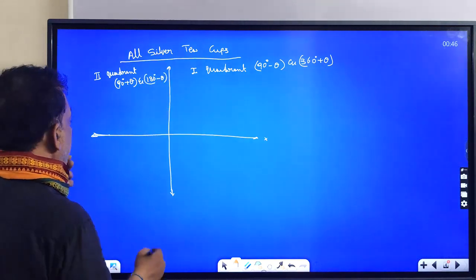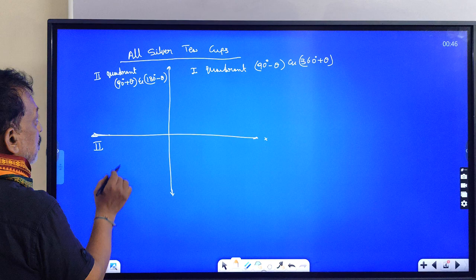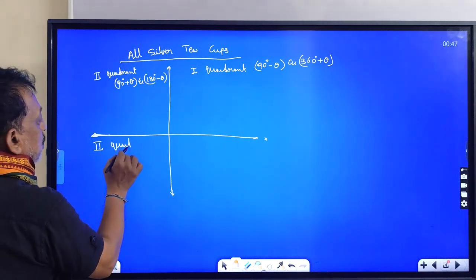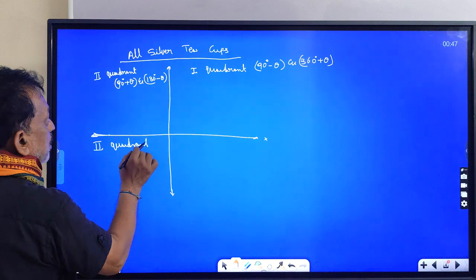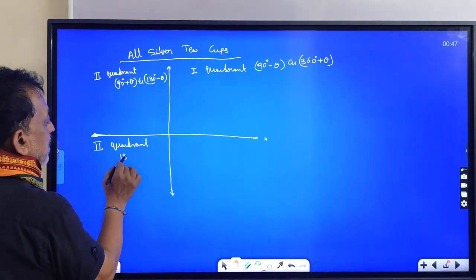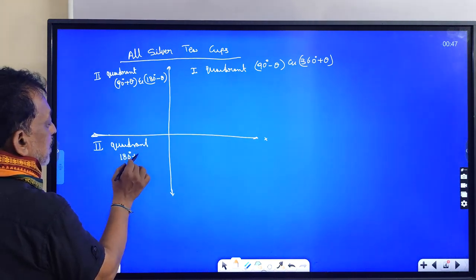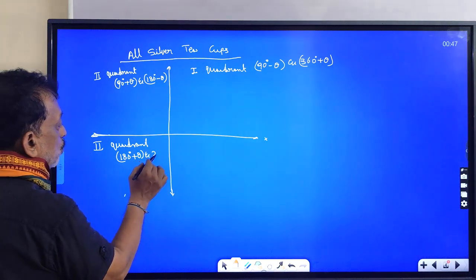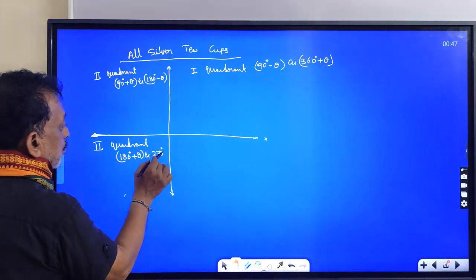And the third quadrant is 180 plus theta and 270 minus theta.